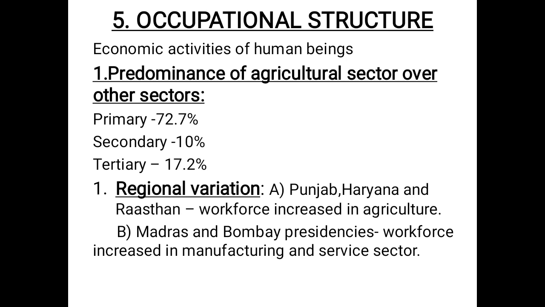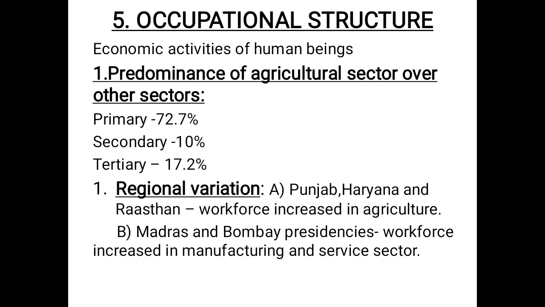So there was great involvement of human beings in the primary sector. You all know the primary activities: farming, fishing, mining, etc. So the point is clear: predominance of the agricultural sector over other sectors.